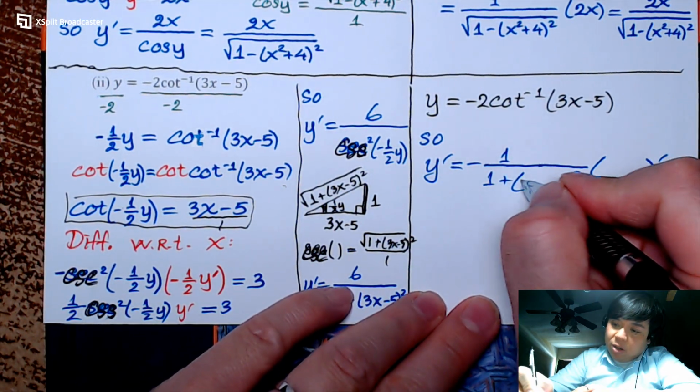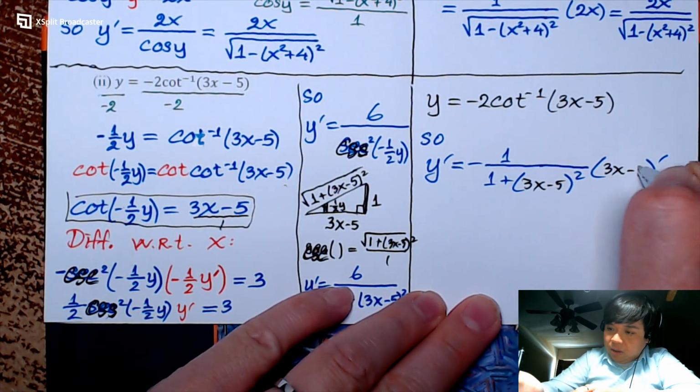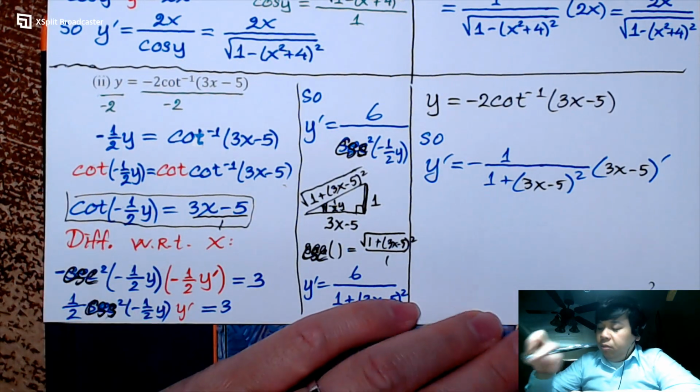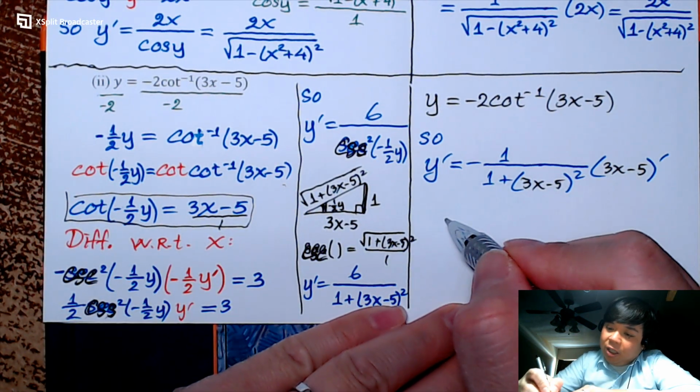So we have 3x minus 5, and 3x minus 5. Okay, this is just 3.